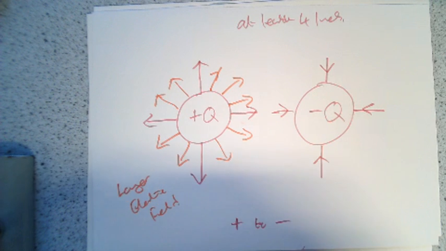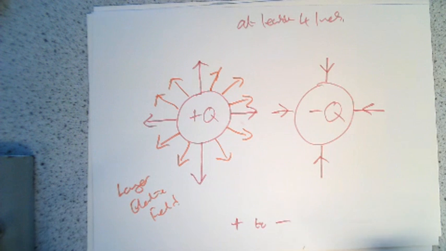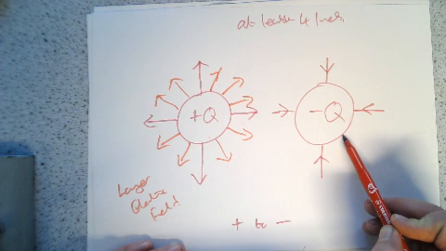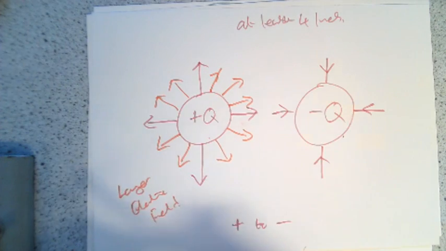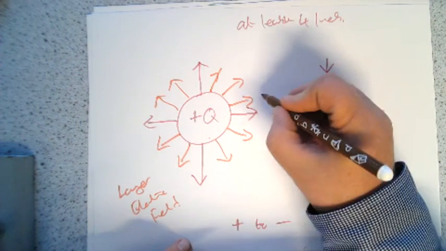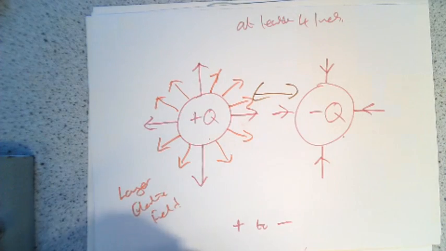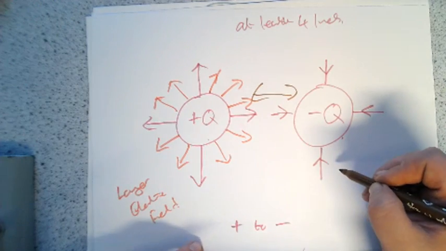Now, we just need to remember that if we had, for example, in this case, a positively charged object and a negatively charged object, they are going to move together. They're going to come together. And that's because they're oppositely charged.